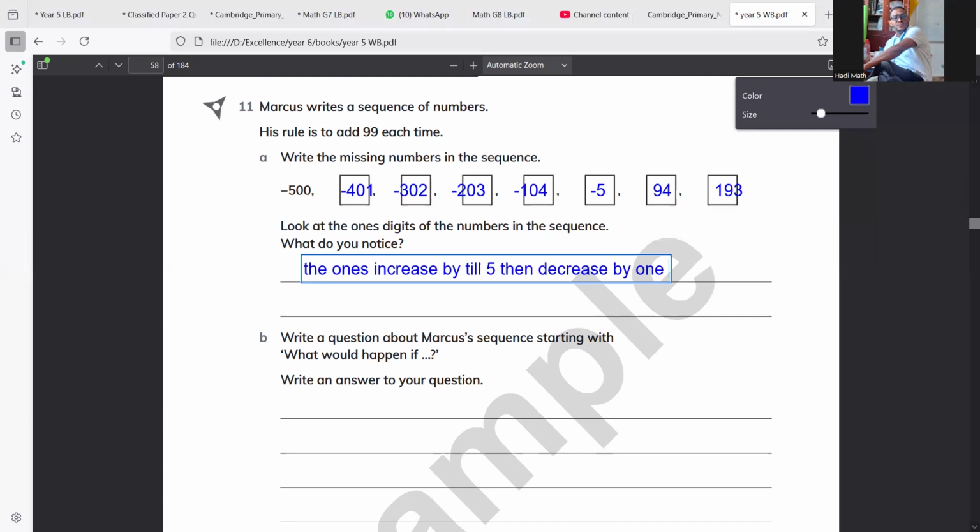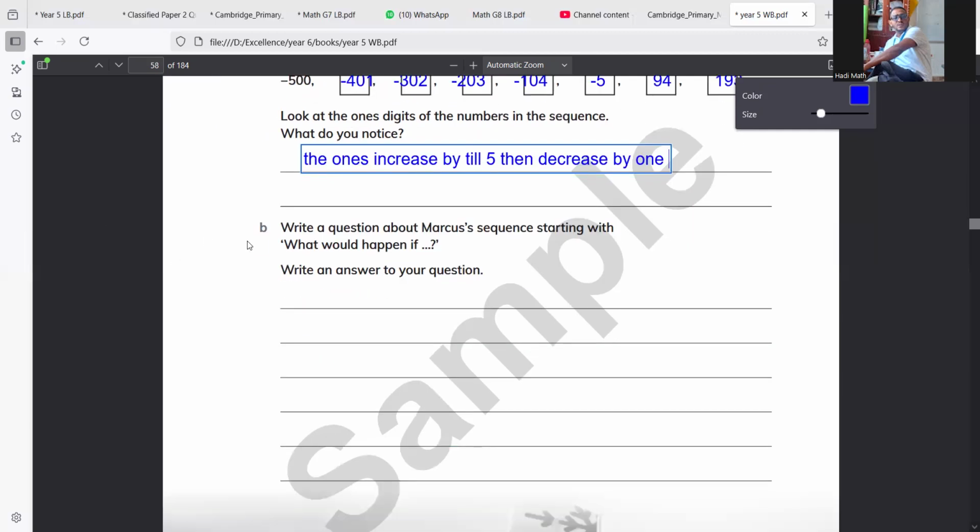Write a question about Marcus's sequence starting with "What would happen if", and write the answer to your question. So write any question. You've got so many options.